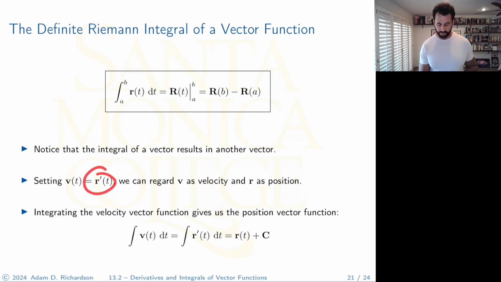If we let r prime be equal to v, so in other words, if you think of r prime as a velocity and just relabel it with a v, we can think of v as velocity and r as position. There you go. Now, if you integrate the velocity vector, this is where you're basically applying FTC1, right? So if you integrate a derivative, you recover the original function.